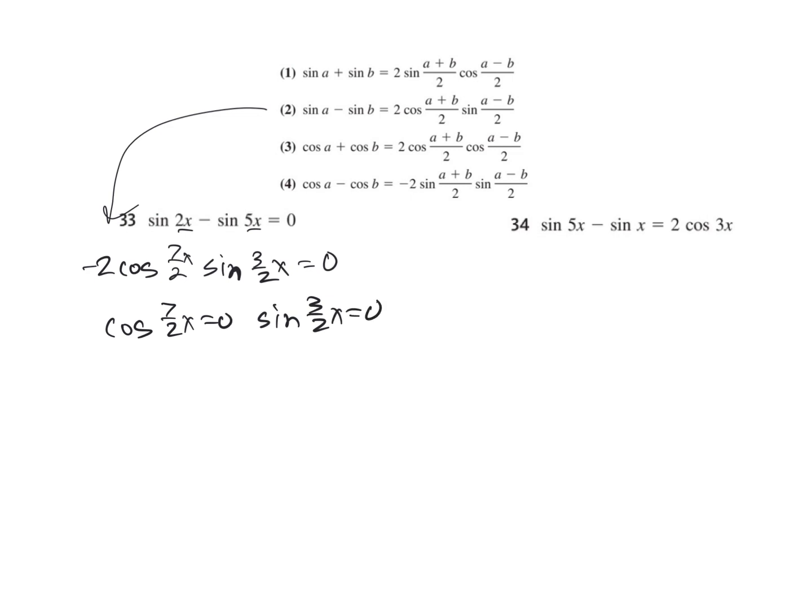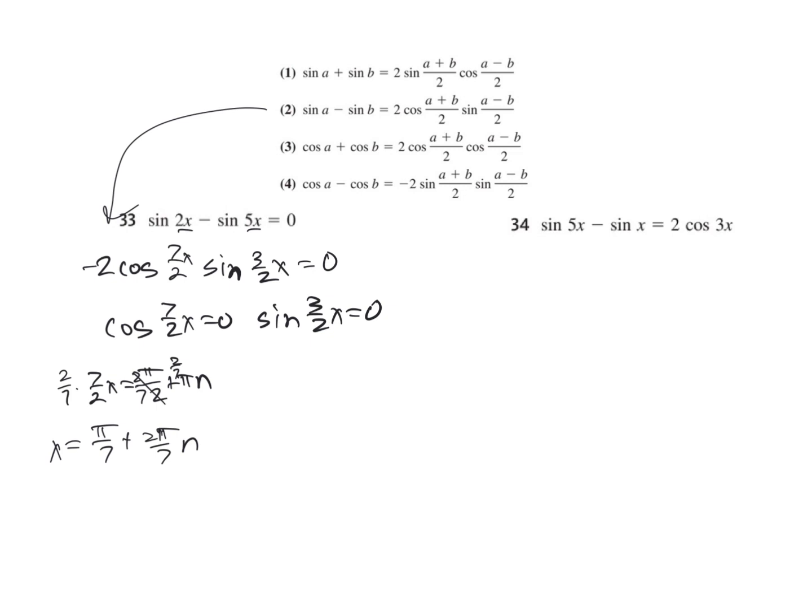All right, so where does the cosine equal 0? Cosine equals 0 at pi over 2 plus pi n. Multiply everything by 2/7. So we get pi over 7 plus 2 pi over 7 n.